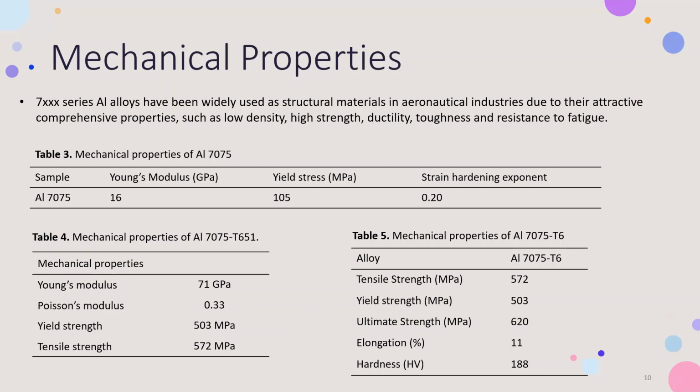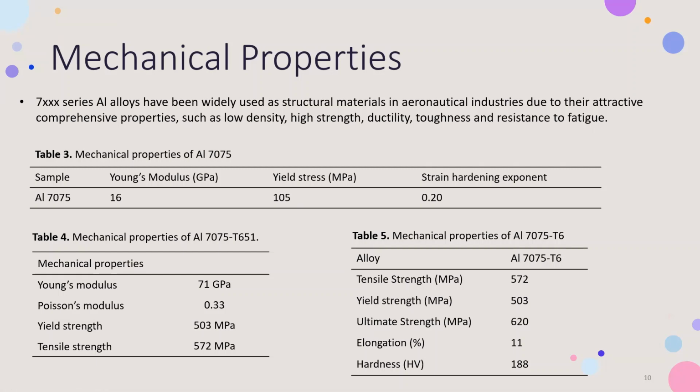And I think it should be highlighted that the elongation percentage of aluminum 7075 T6 is 11%, and I think it's one of the indicators that our material is quite ductile, even after the trade-off to increase the yield tensile strength.